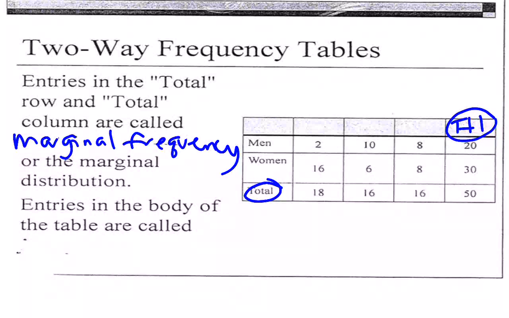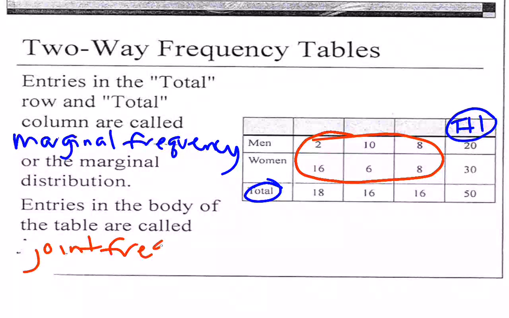What is in the body of my table, so it's all this inside stuff here, we call the joint frequency because it is comparing both men that like to dance. So it's doing both of those joints together.